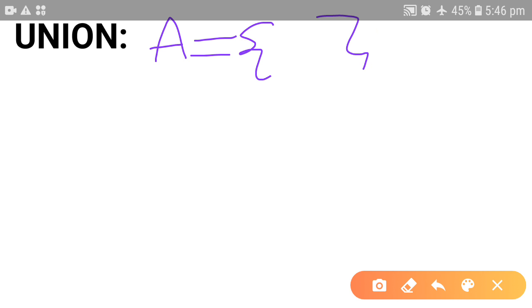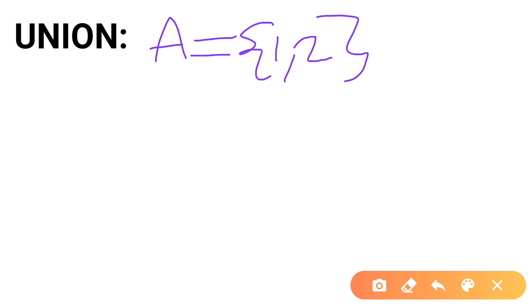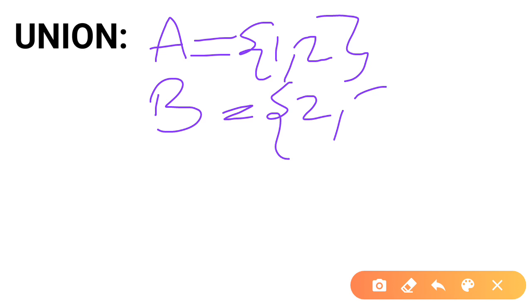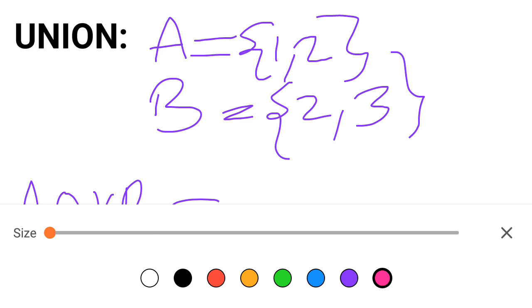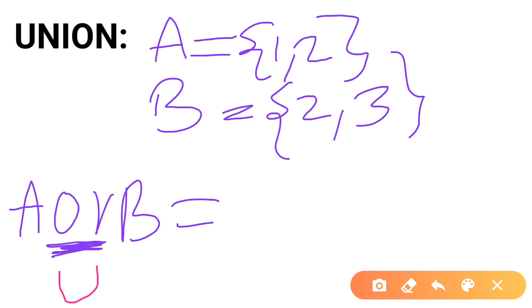For example, I'm taking A equal to {1, 2} and B equal to {2, 3}. So what about A or B? Here "or" means union, and union means you should take all elements.